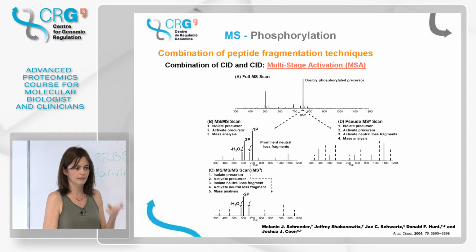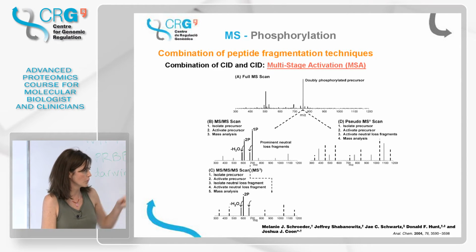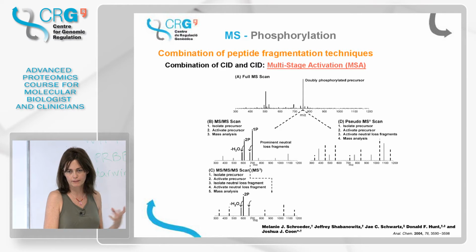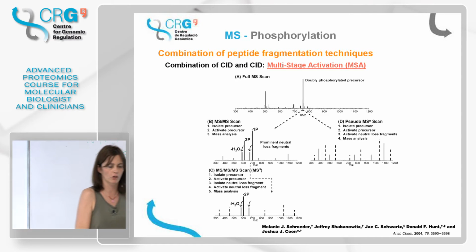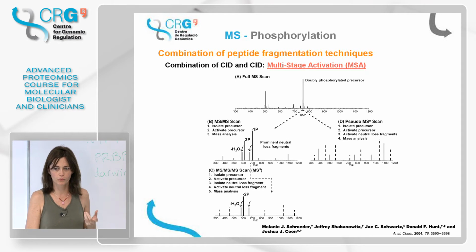So then we are gaining the information about the sequence of the peptide. And this is combined in this pseudo spectra, because it's the combination of these two spectra, the one of the neutral loss plus the fragmentation of that neutral loss peak. Okay, and like this, we recover this information.